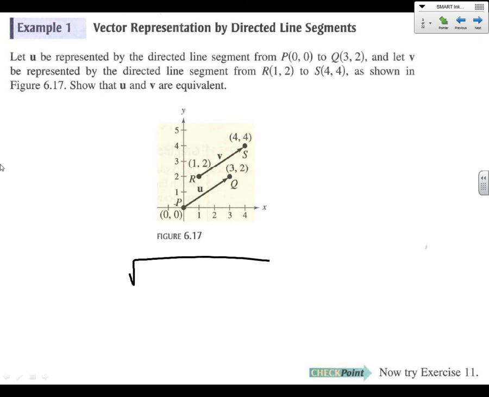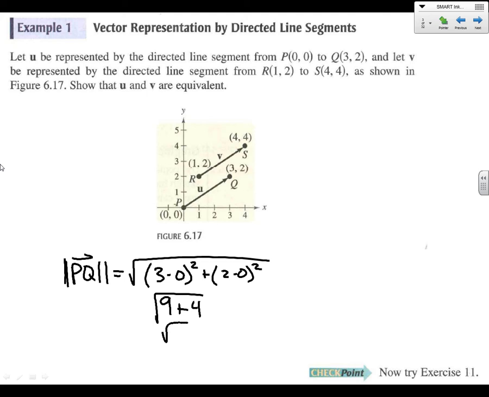So I'm going to do PQ. The magnitude of that with the double bars is going to be the square root of 3 minus 0 squared plus 2 minus 0 squared, which is 3 squared is 9, plus 2 squared is 4, so the square root of 13.